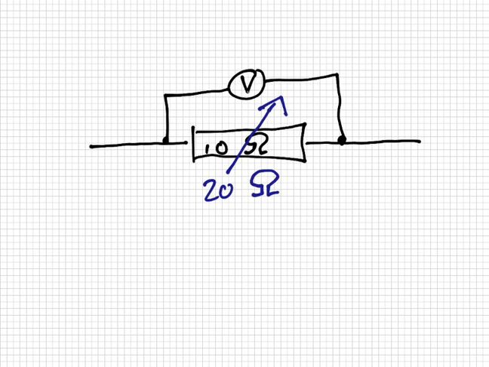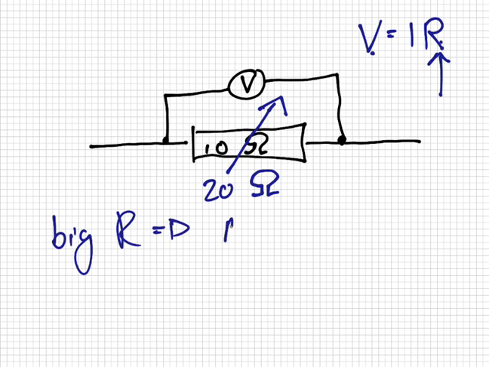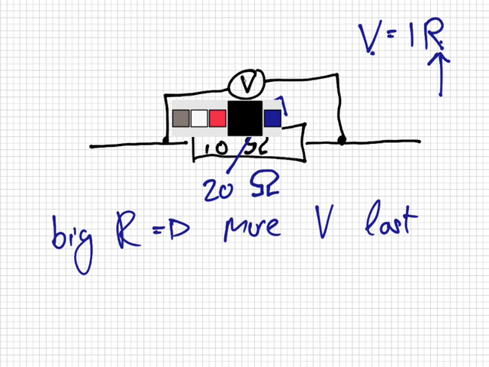What do you think? Change. It'll change. Because remember we have this formula, V equals I R. The R got bigger. So what happens to the V? It gets bigger also. So just be careful. What you're measuring here is how much voltage was lost. So a big R would mean more V was lost. So this number would be bigger.